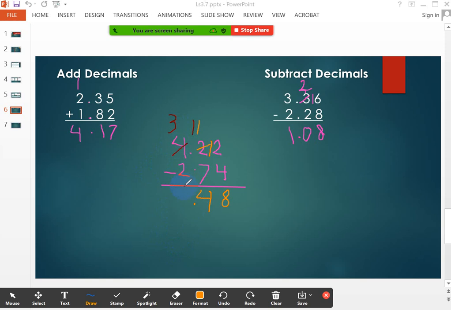Now 3 minus 2, Ragad, equals 1. Very good. Now the answer, can you read this number for me? 1.48. 48 what? Hundredths. Okay, don't forget the hundredths. Thank you so much, Ragad.